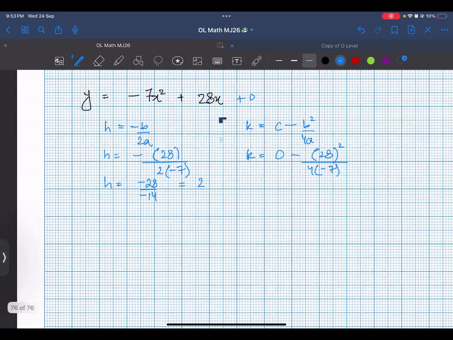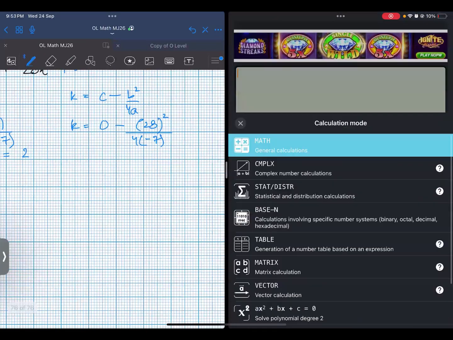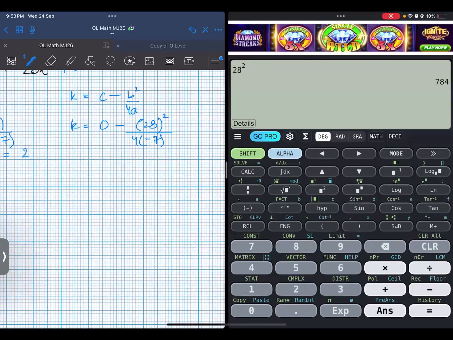So use your calculator. You get 28. So the turning point is 2 comma 28.